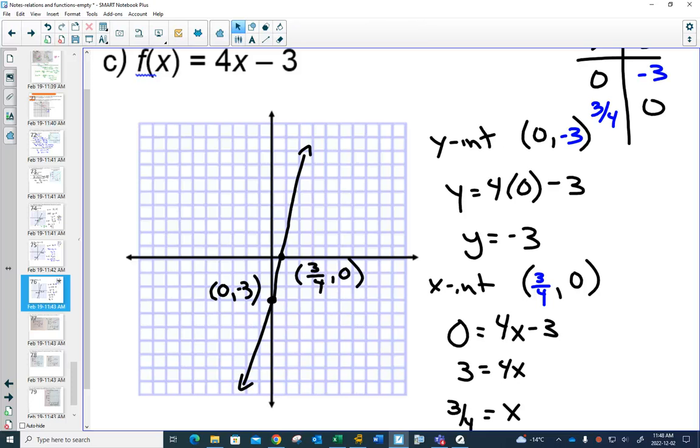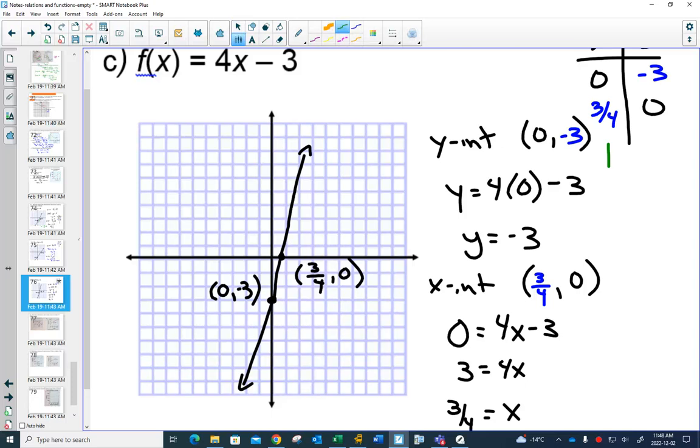So we can now take any equation and draw the graph really quickly. I mean, before you were making your table of values anyways, but now we're doing specific important points, the x-intercept and the y-intercept. If you wanted to find another point, for example, how hard would it be to plug in 1 for x?